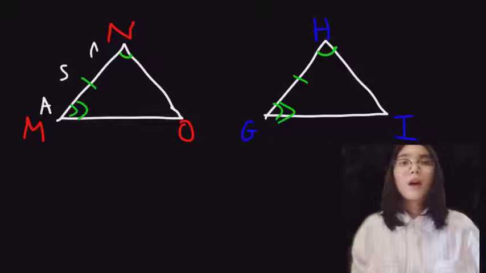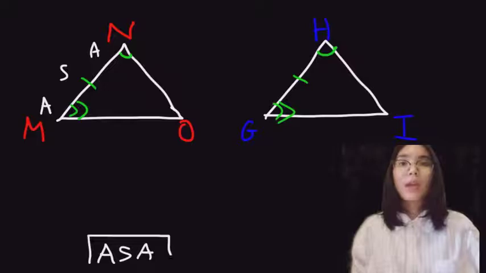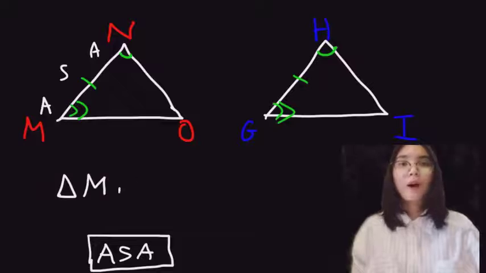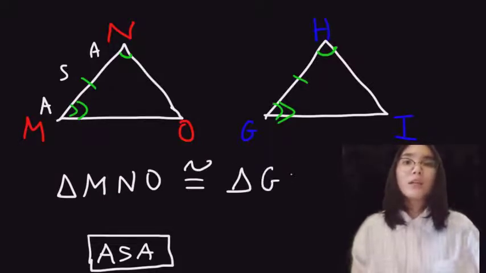So once you prove the two triangles are congruent, then you can make a statement that other portions of the triangle are congruent as well using this reason.